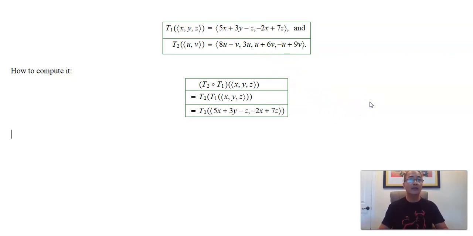So in other words, we will think of the first component, this 5x plus 3y minus z, that will be our u in the formula for T2. And of course, the second component is our formula for v.